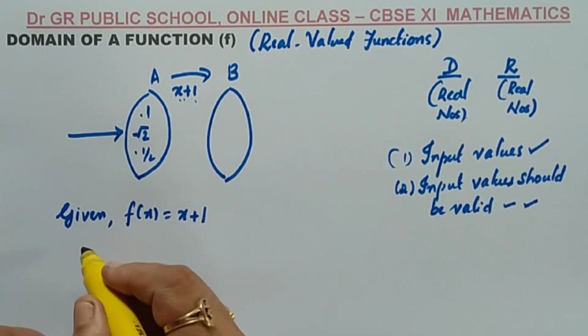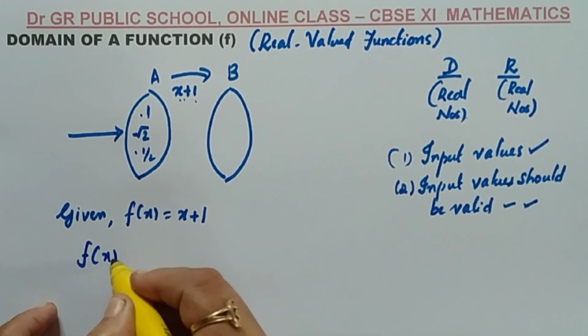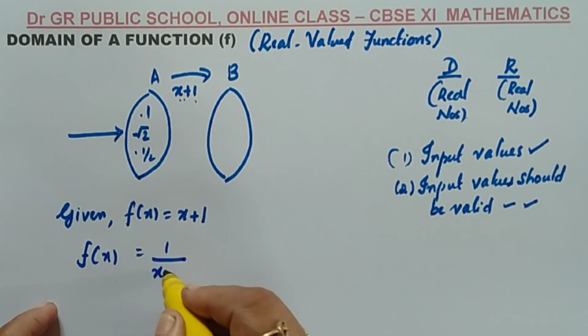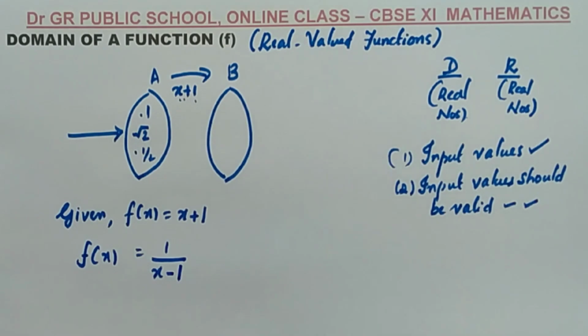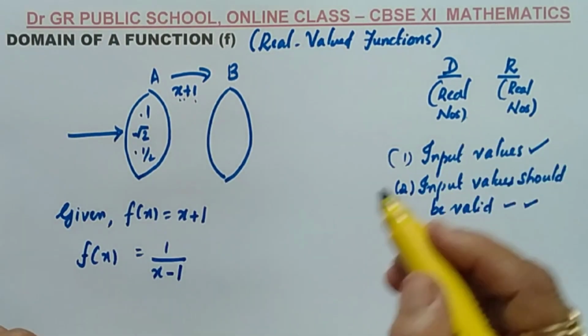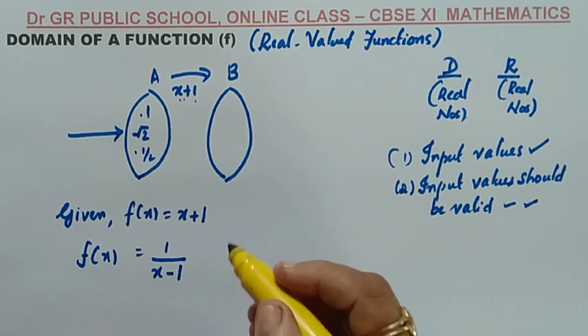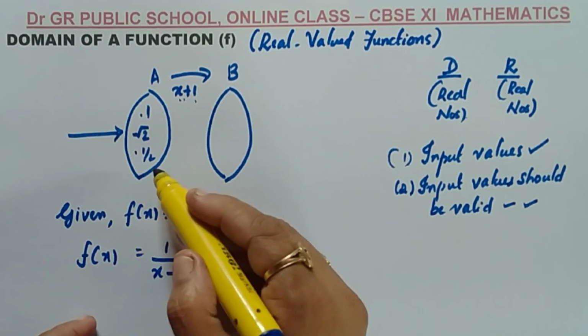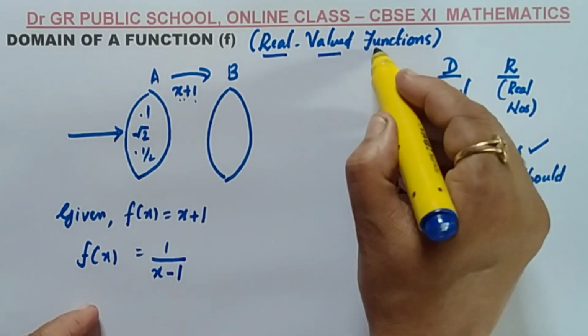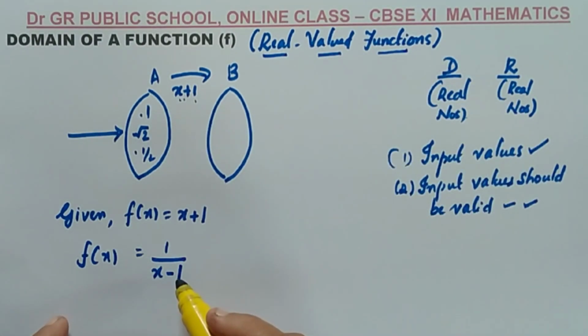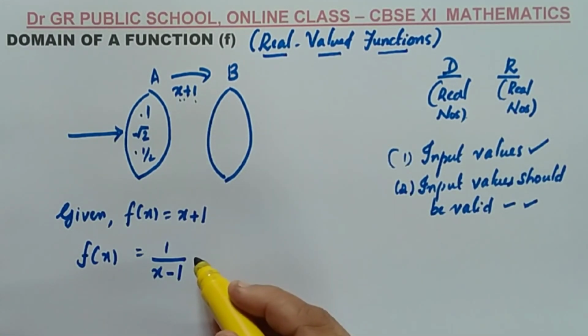Consider another function f(x) equals 1 by x minus 1. Now my question is, can this function admit all the real numbers? Basically real numbers are the domain of a function, because we are discussing a real valued function. My question is whether this function accepts all the real numbers.